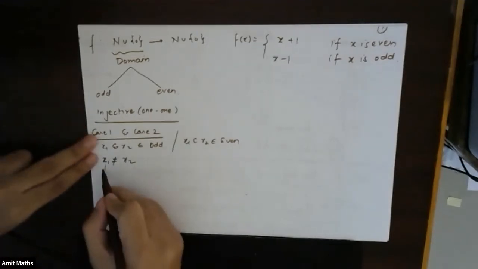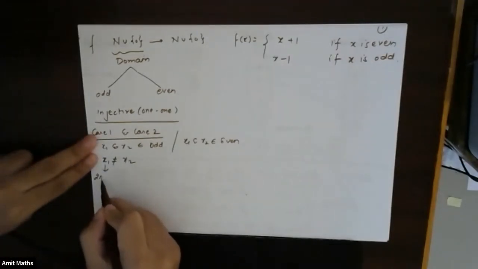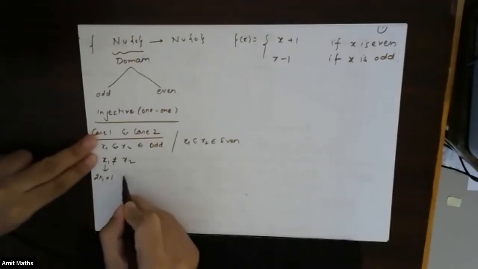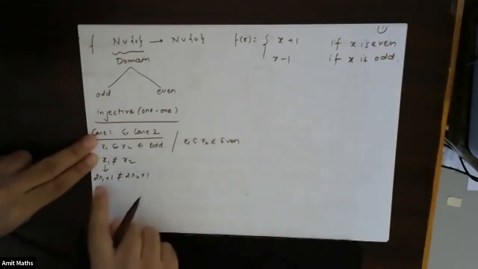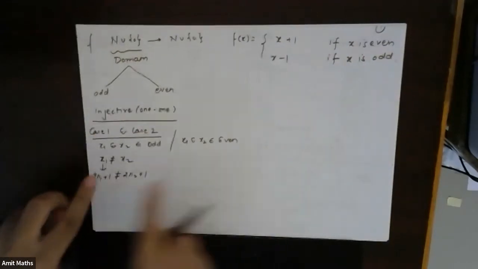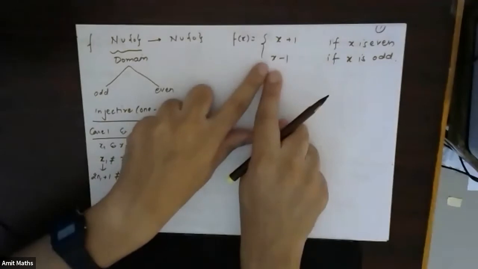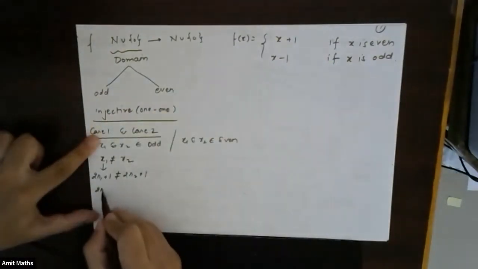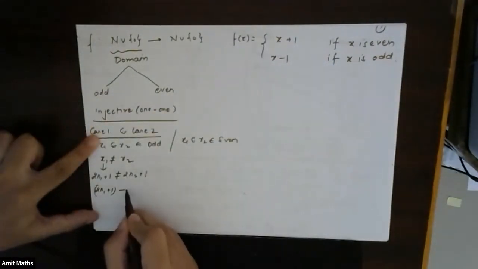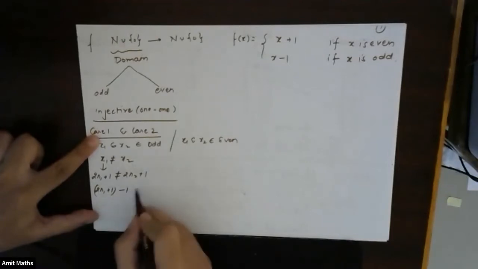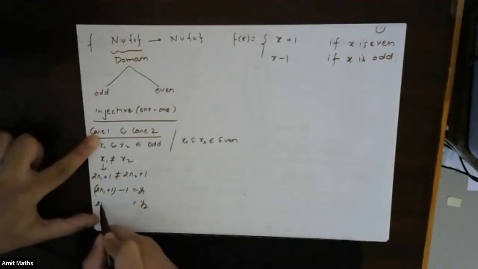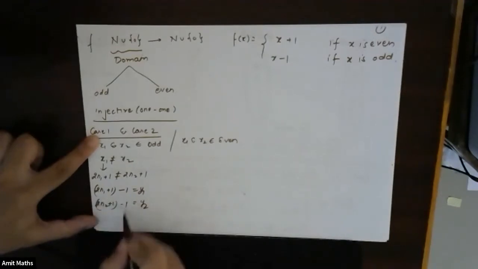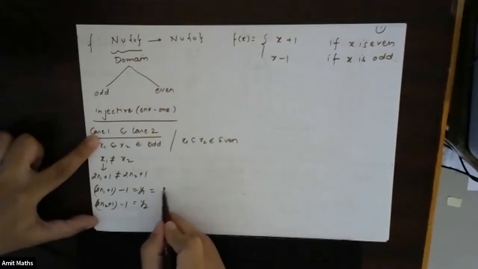I can write x1 as 2n1 plus 1 and x2 as 2n2 plus 1. If I substitute into this function, y1 becomes 2n1 plus 1 minus 1, and y2 becomes 2n2 plus 1 minus 1. So y1 becomes 2n1 and y2 becomes 2n2.